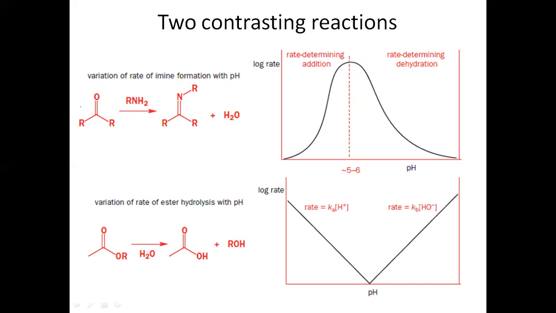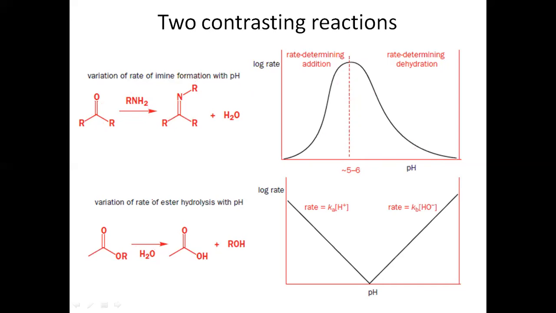We have just seen the mechanism for this, and we have said that the imine formation rate is best near neutrality, but yes, the reaction proceeds in the presence of acid. So as the graph indicates, near neutral pH, a pH of 5 to 6, or 5 to 7, the reaction proceeds best.